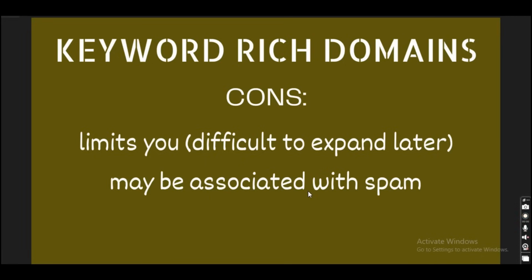Make sure that it has not been purchased before, except you're intentionally buying an expired domain. But if you're buying a new domain, check it out on archive.com, and make sure that it doesn't have any history of malicious activity or those kinds of things before you purchase it.